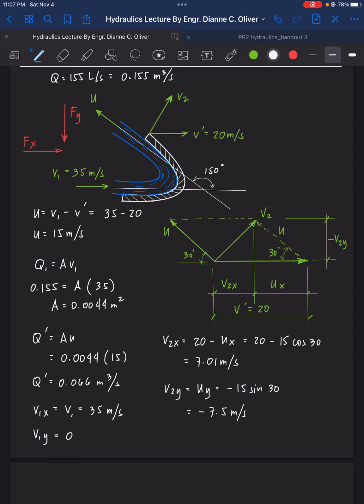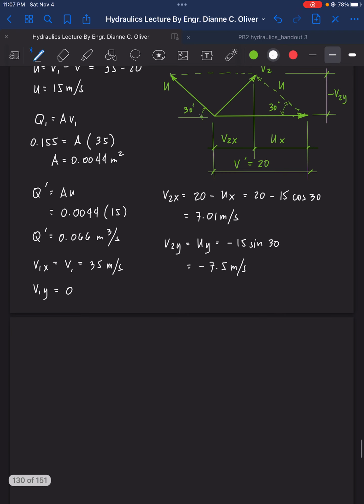Now substitute all of this to our formula. Fx is equal to rho Q prime times V1x minus V2x, that is 1000. Q prime is 0.066 times V1x is 35 minus V2x 7.01.